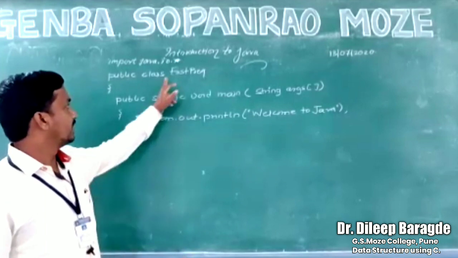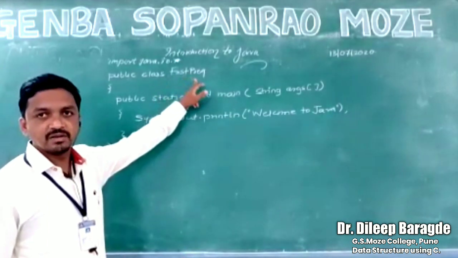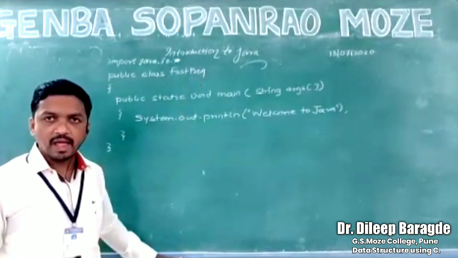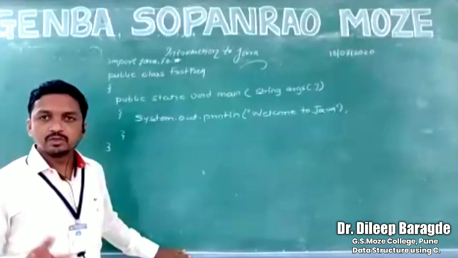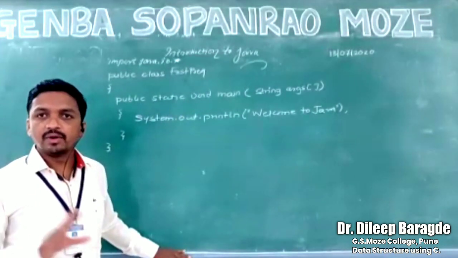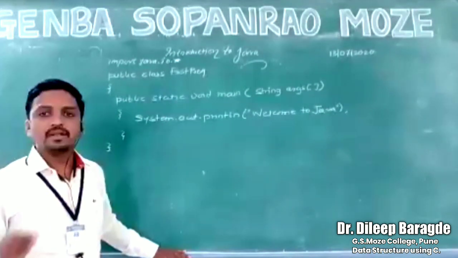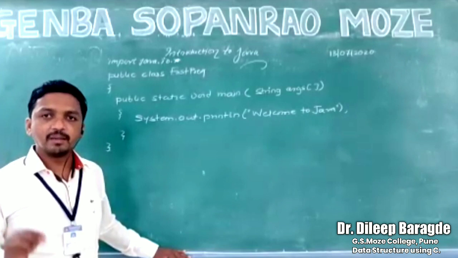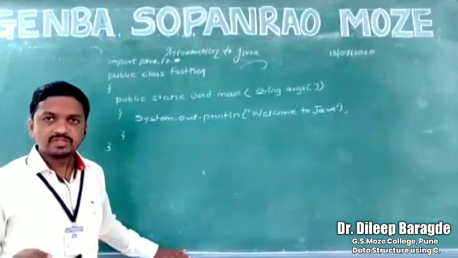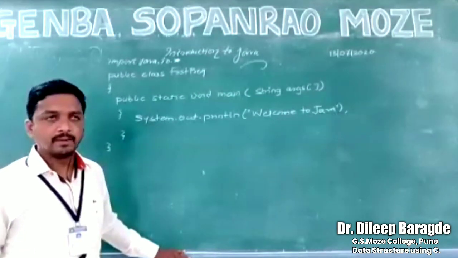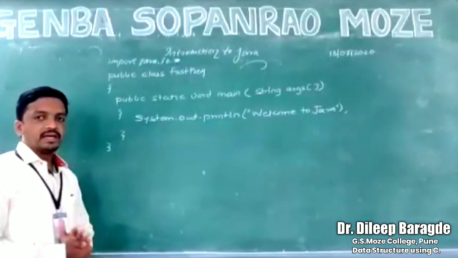So look here: First, Program. These are good programming habits. If you write in small letters, there will not be an error or anything like that. But the good programming habit is that it always begins with a capital letter. So this is the basic rule, keep it in mind.